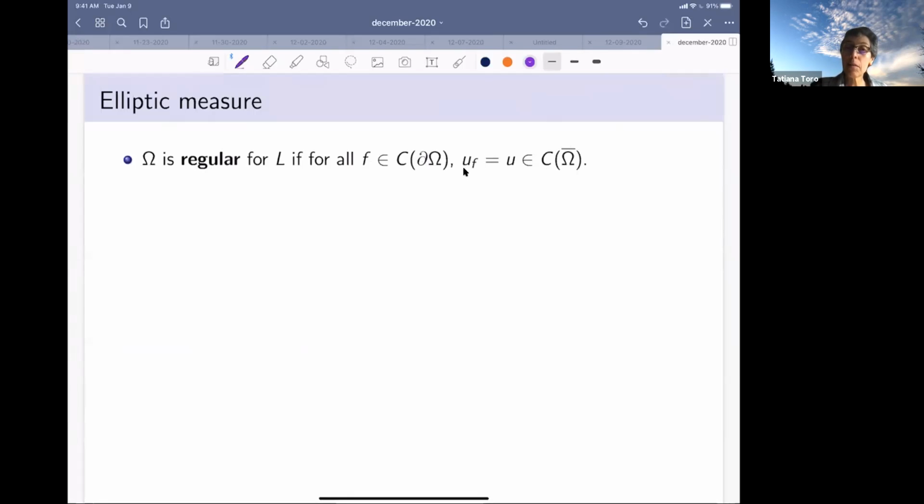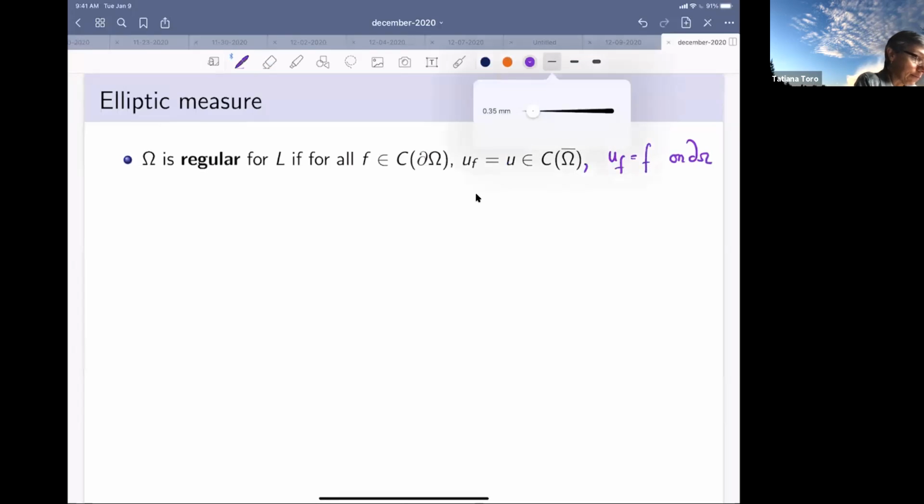So what does it mean that the solution, I should say, I didn't realize the typo, the solution u_f equals f on the boundary? I remind you, we're interested in u_f equals f on the boundary, continuous all the way there. And so the question is, what on earth does it mean that this W^{1,2} solution equals something specific on a set of lower dimension?